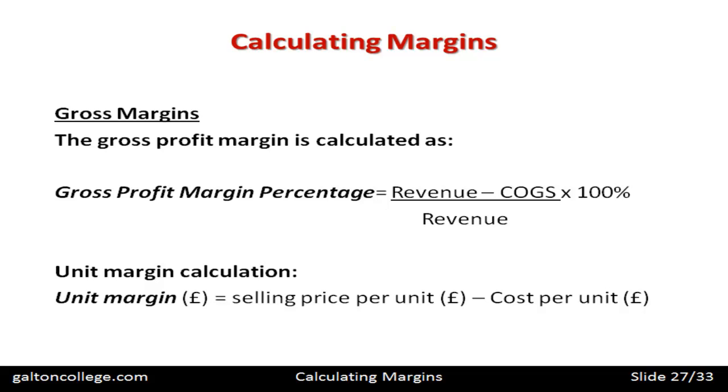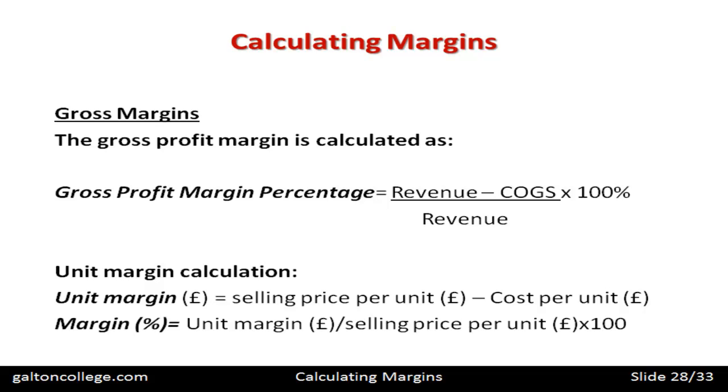That's the unit margin. The margin percentage is the unit margin, the one just above it, divided by the selling price per unit times 100.